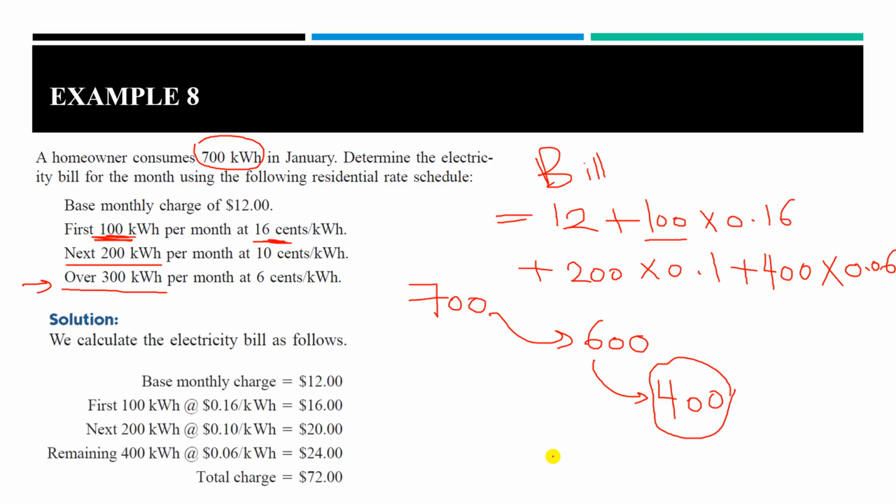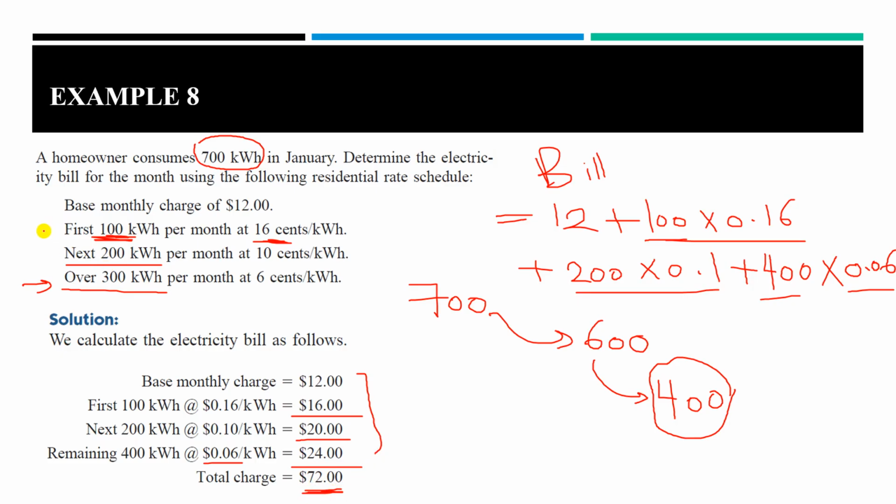As you can see here, first 0.16 multiplied by 100, which is $16. Next 200 multiplied by 0.1, which is $20. Then 400 multiplied by 0.06, which gives us $24. The summation of all of this, including the $12 base charge, gives the total electricity bill of $72.